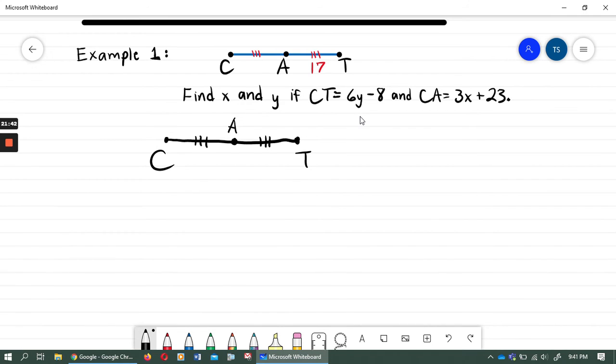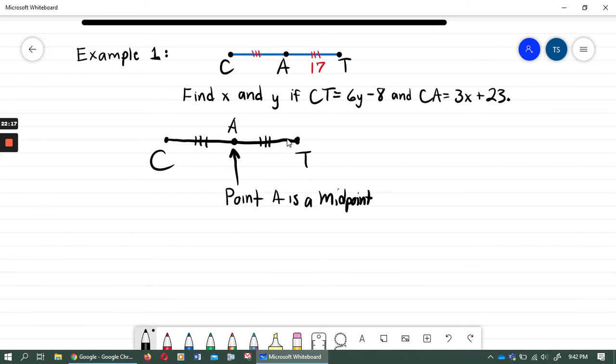If point A is splitting segment CT into two congruent parts, because we have congruency marks, then point A is clearly a midpoint. Point A is a midpoint. It splits segment CT into two congruent parts.